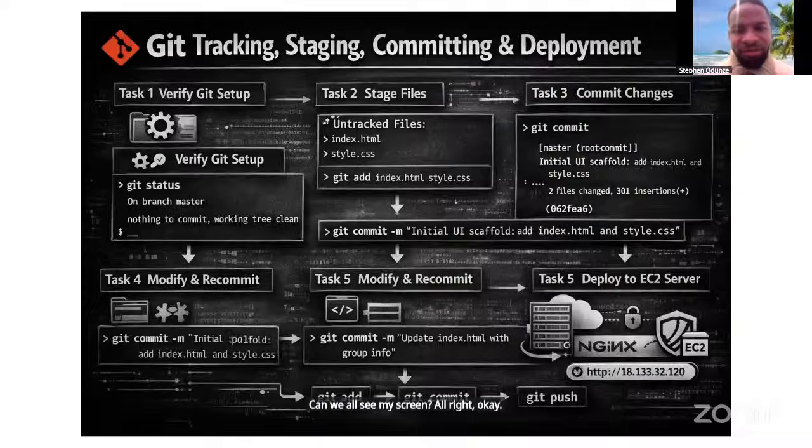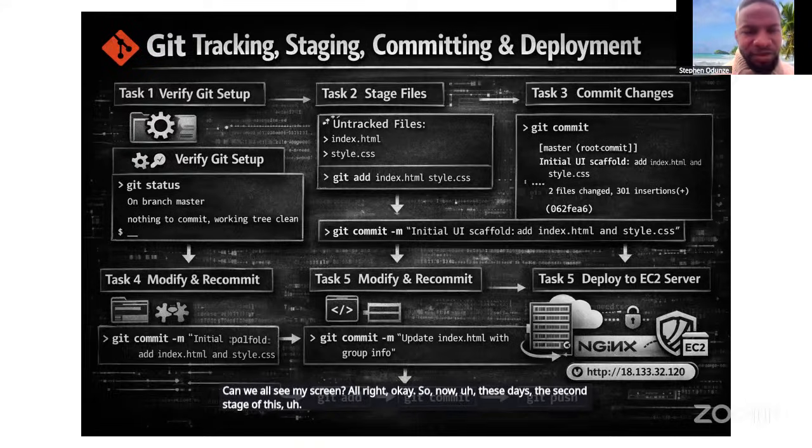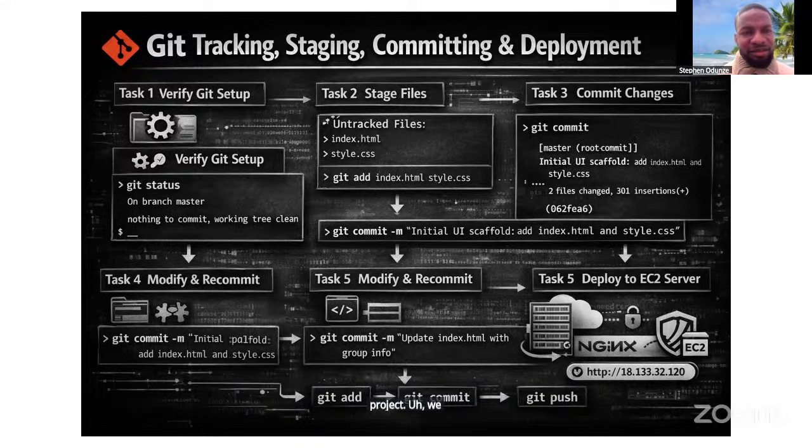So now this is the second stage of this project. We are going to be tracking the website we're going to be hosting. We're going to create and develop it, track it, stage it, and commit, then deploy to our live Nginx server.